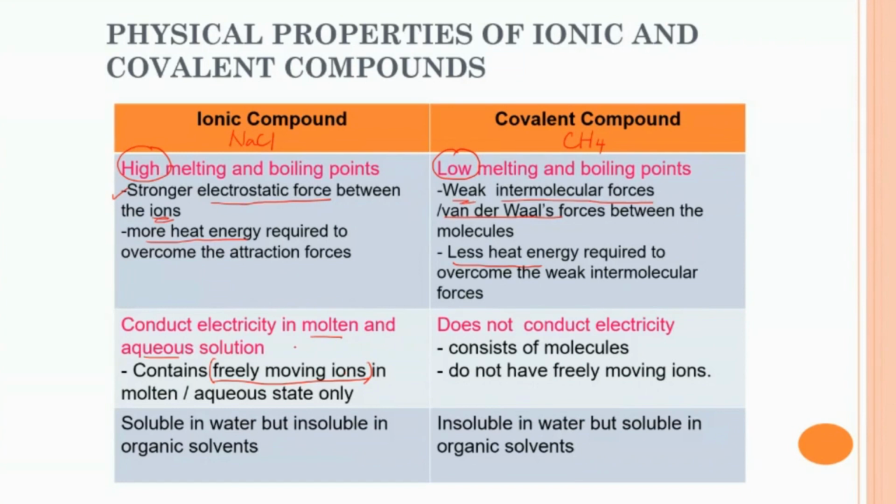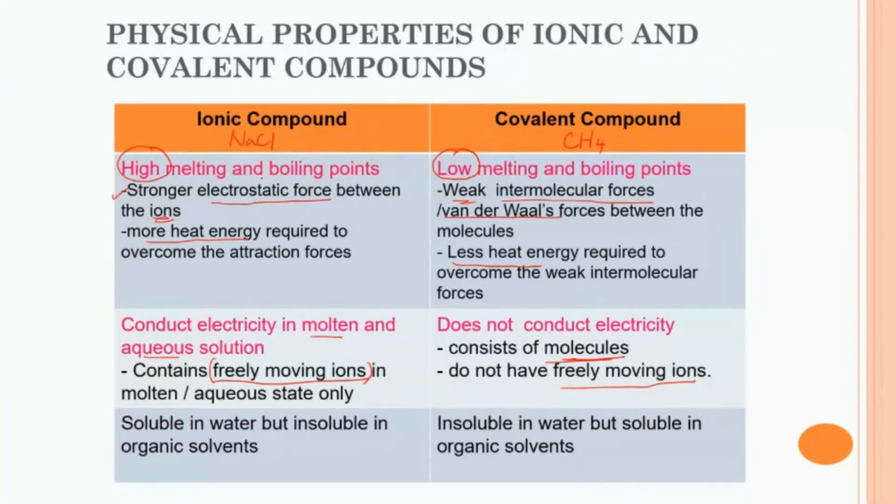In the solid state it cannot conduct electricity, because it has no freely moving ions. For covalent compound, it does not conduct electricity in any state because it consists of molecules only, no freely moving ions.